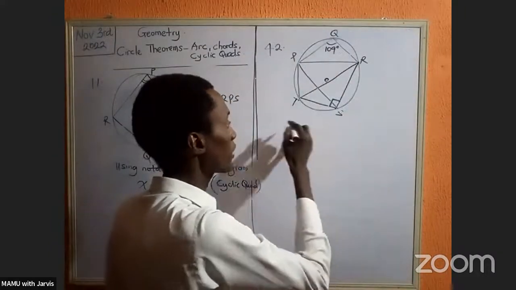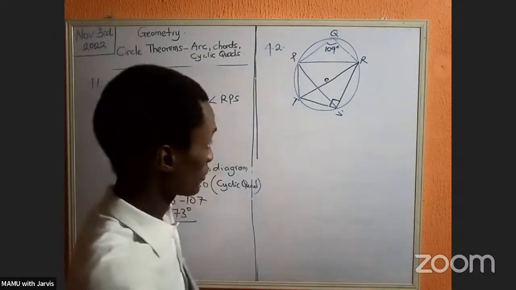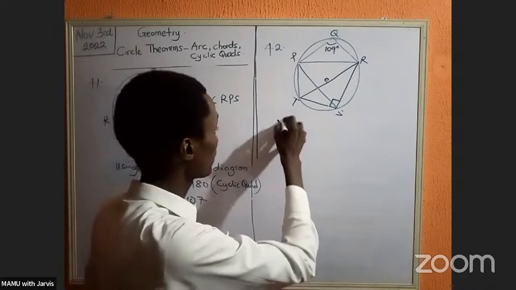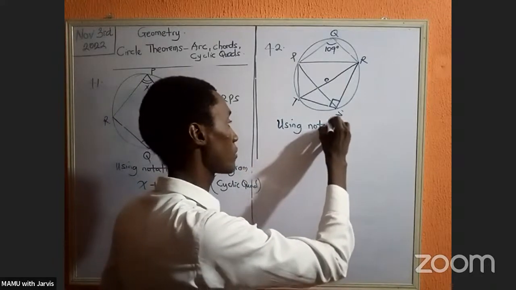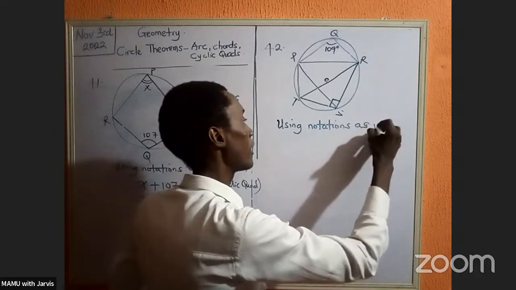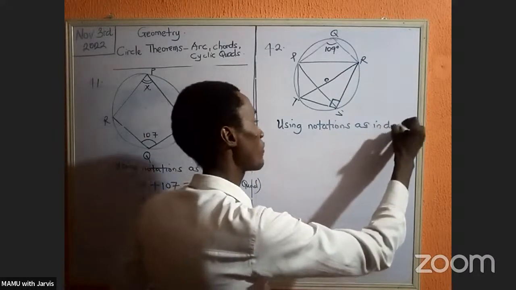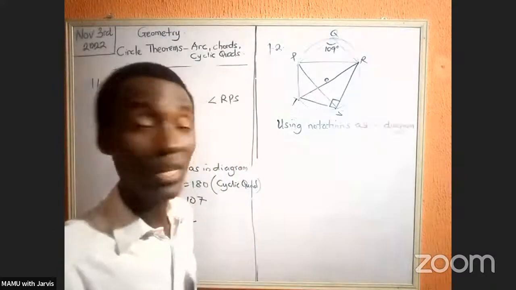Now, look at the cyclic quadrilateral PQRS, using notations as in the diagram. Even some of us who are very skilled at this, sometimes the diagram can throw us off balance.